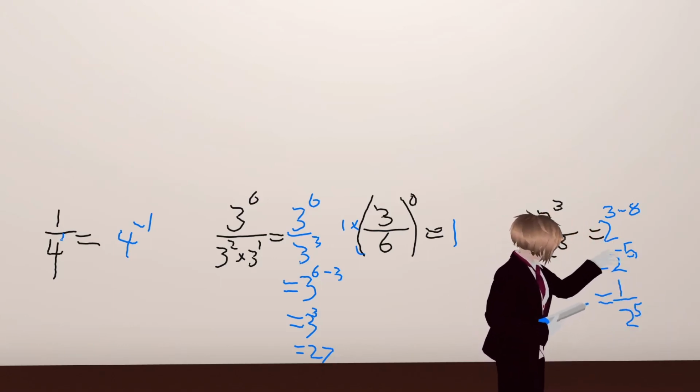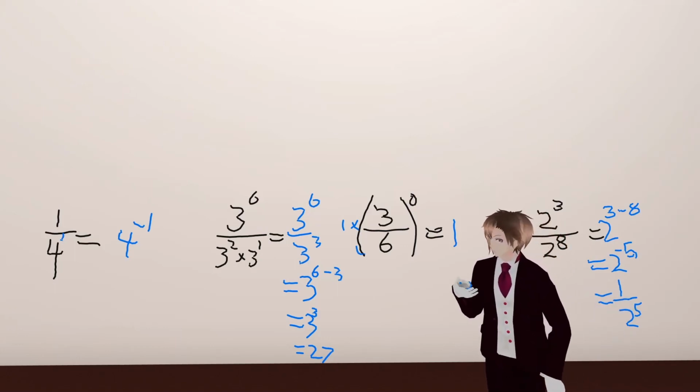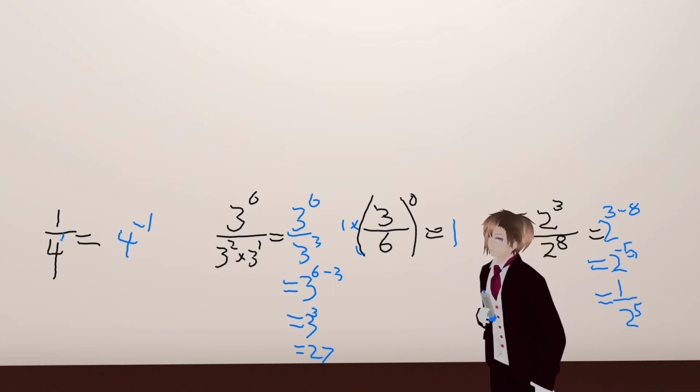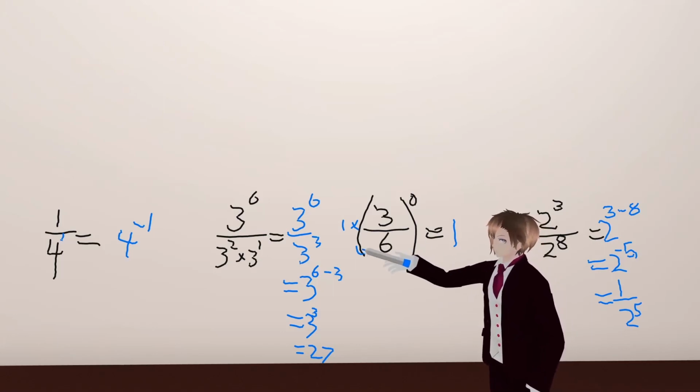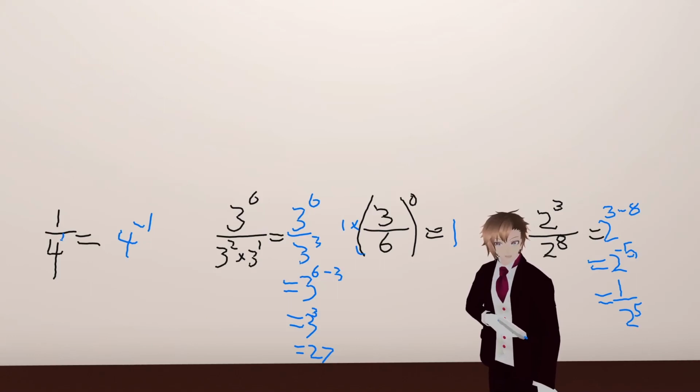So to get rid of a negative power, we turn it into a fraction. And to get rid of a positive power and turn it into a negative power, we get rid of the fraction and write the negative in front of the power.